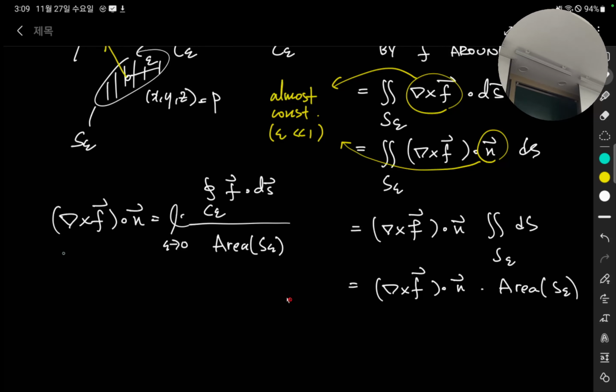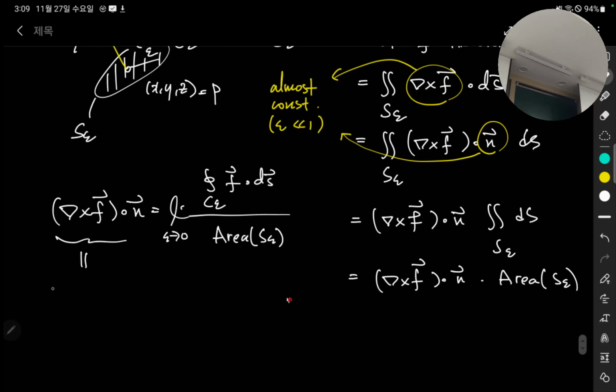So what's the left-hand side? It means the projection of the curl onto the direction of n. Because n is a unit vector, you don't need division by the size of n here. So it's a projection of the curl.